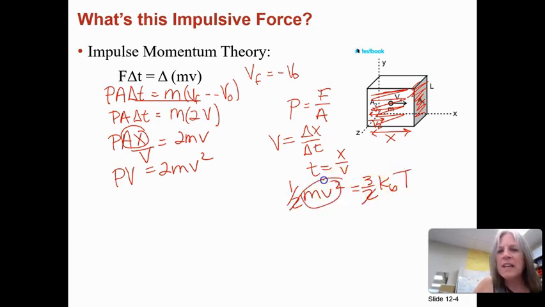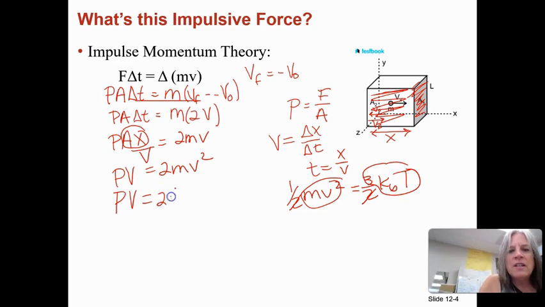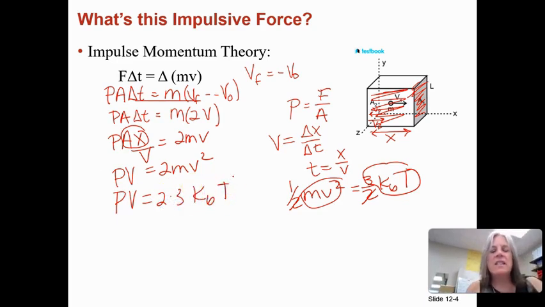So I can replace this with this, and I got PV is equal to 2 times 3 kBT, and the stuff is moving in 3 dimensions, so there's other fun stuff that goes on with this. And this is for one molecule, right?